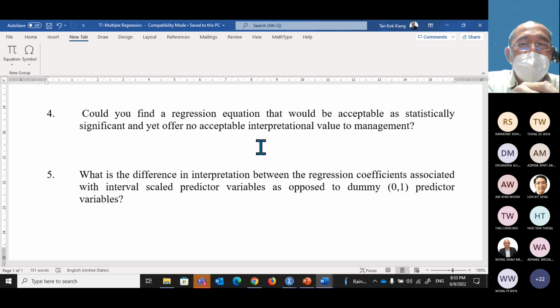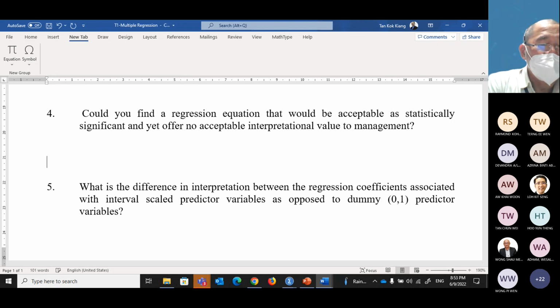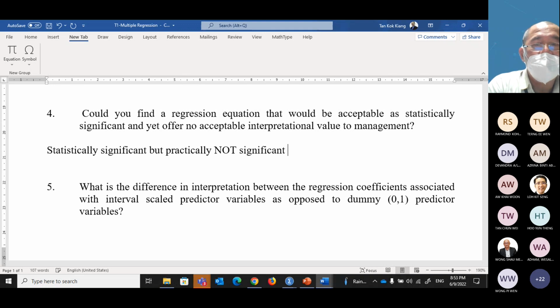This result is very good, using technical terms, meaning statistically significant but practically not significant. Try now.